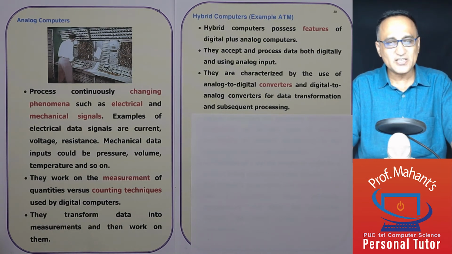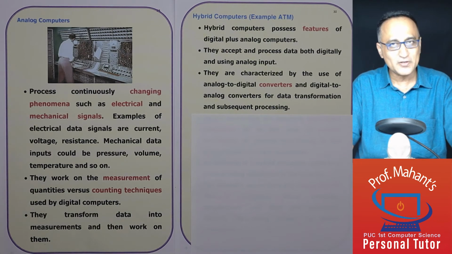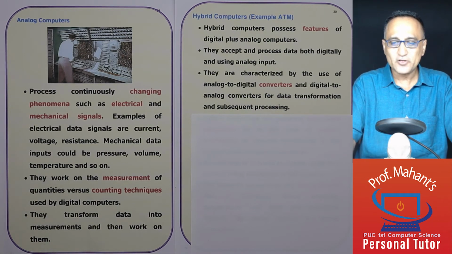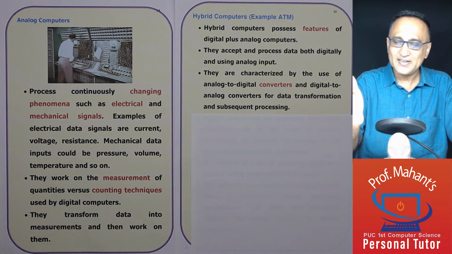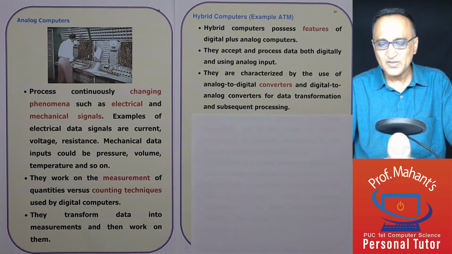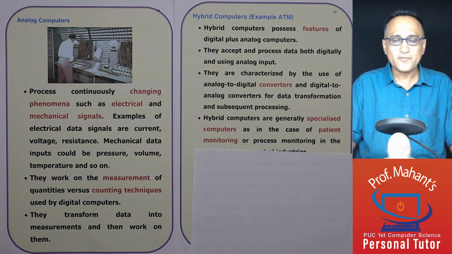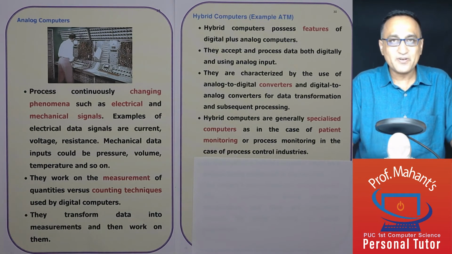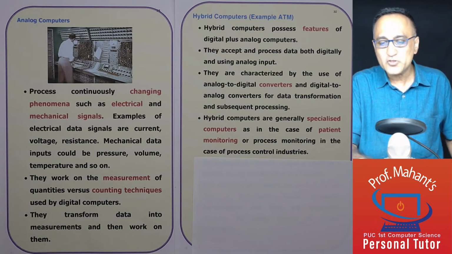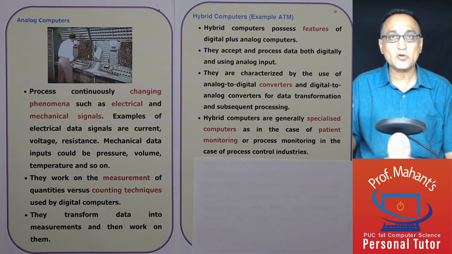So analog to digital is used for conversion from analog to digital signals. Digital to analog is used for conversion from digital to analog output. Now, hybrid computers are generally used for very specialized tasks. For example, for monitoring the patient's parameters in an ICU, or they could be used in specific process control industries.